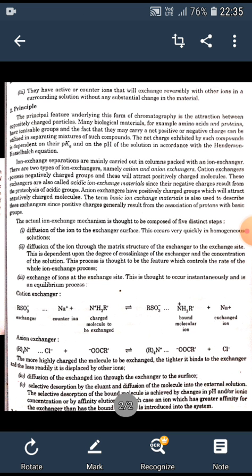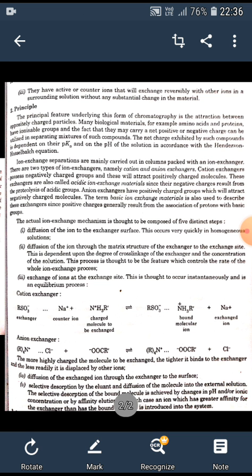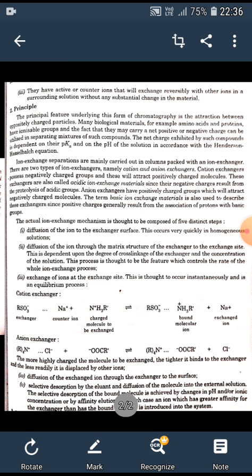The actual ion exchange mechanism is composed of 5 distinct steps. The first step is the diffusion of the ion to the exchanger surface. This occurs very quickly in homogeneous solution.